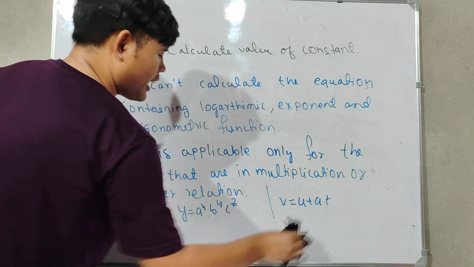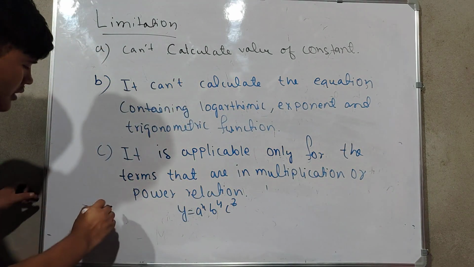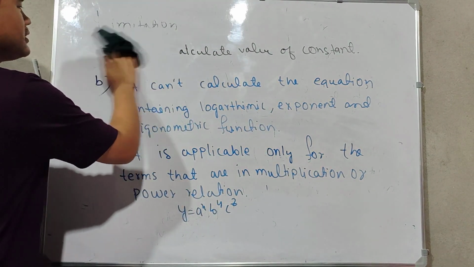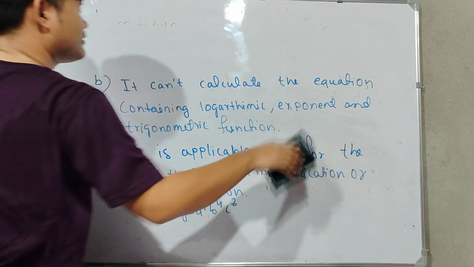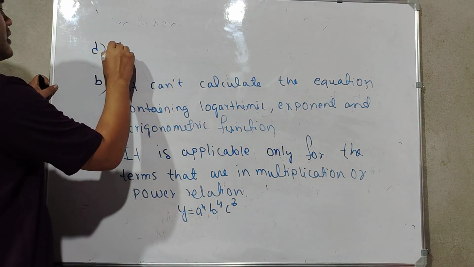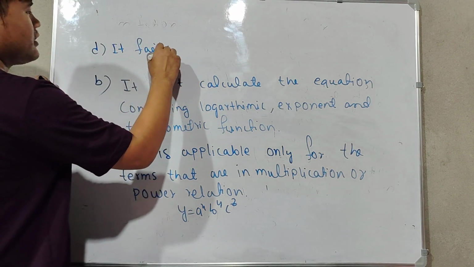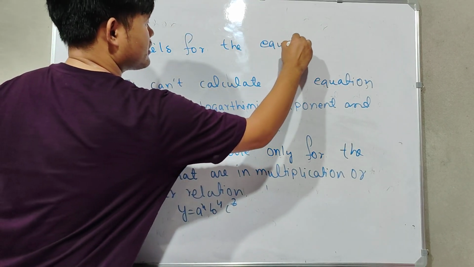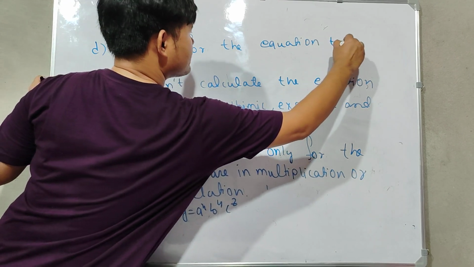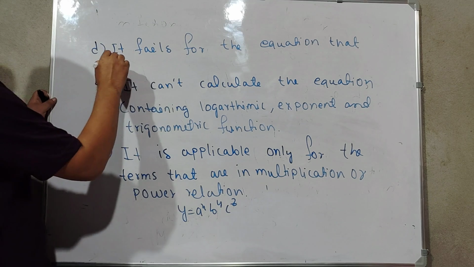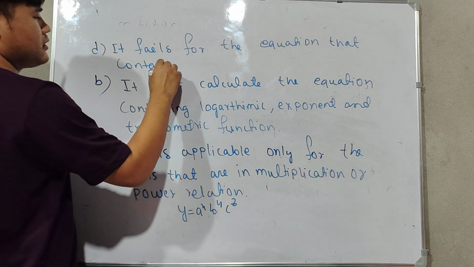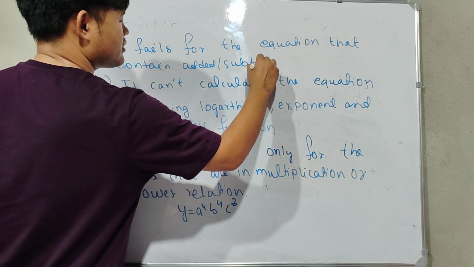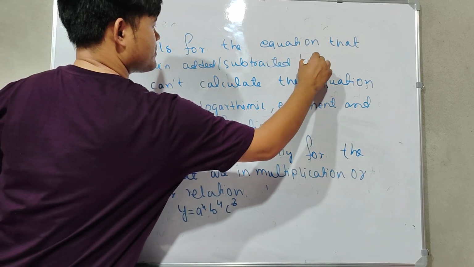So we will write the next limitation, number four. Number four, it fails for the equations that contain added or subtracted terms.